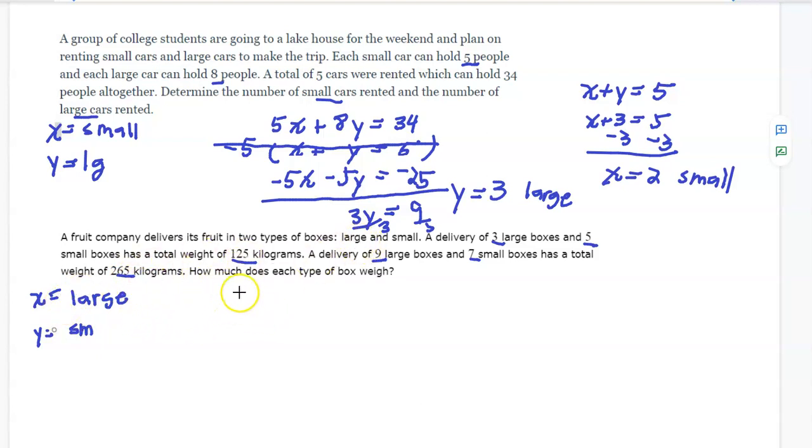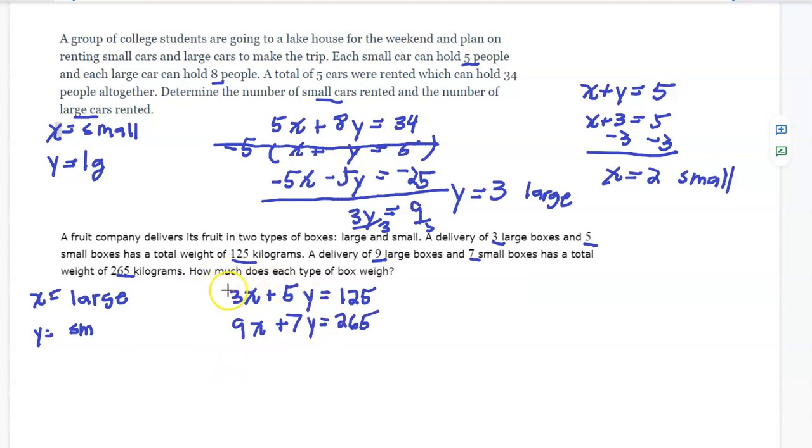So I know that 3 of my large plus 5 of my small had a total weight of 125, and 9 of my large and 7 of my small equaled 265. Okay, so we're going to go ahead and solve this again by elimination.